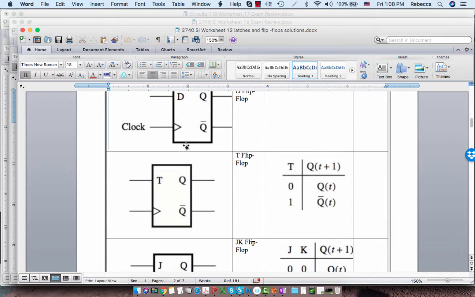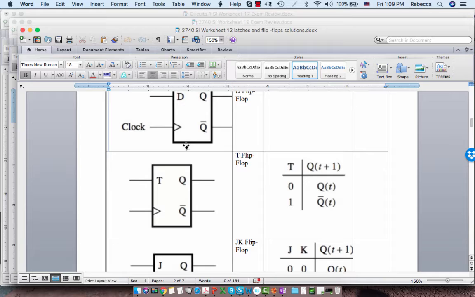Now a T flip-flop is a flip-flop that is going to toggle the values. And so the next value of Q is going to be the complement of the last value of Q. Forget that, that's only if T is 1.